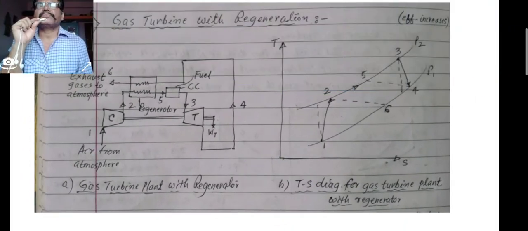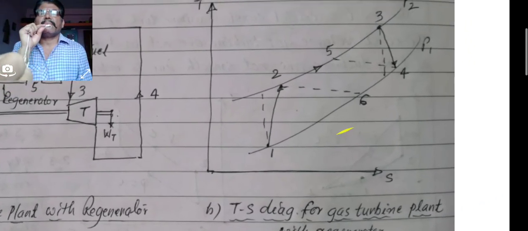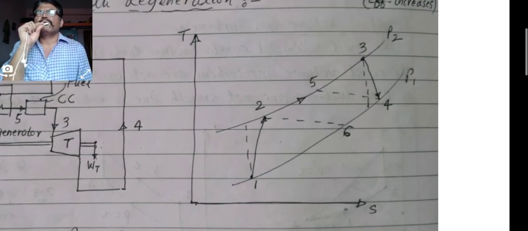The T-S diagram. T for temperature, S is entropy, as we know. This is the T-S diagram, gas turbine plant with regenerator. 1 to 2 the compressor. When the compressor starts, pressure as well as temperature increases.